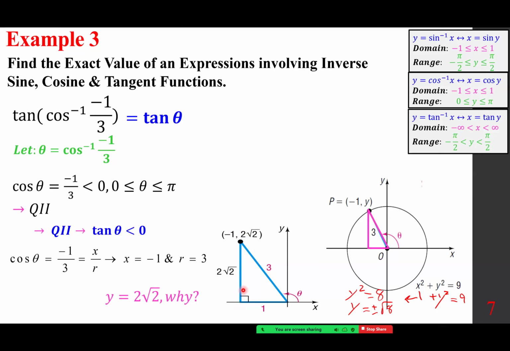Y, 2 square root of 2, over x. 2 square root of 2 divided by negative 1 becomes negative. So y over x. That's all. So it's pretty straightforward.